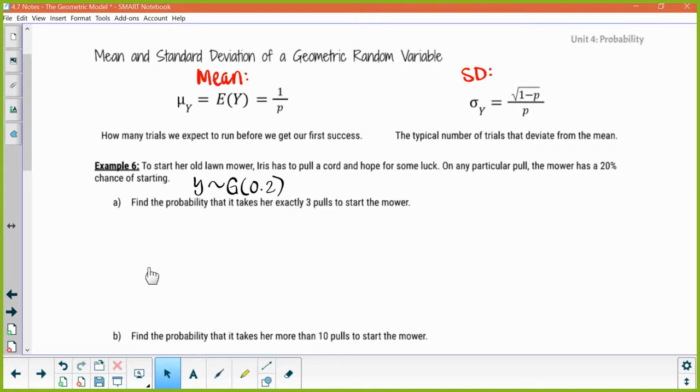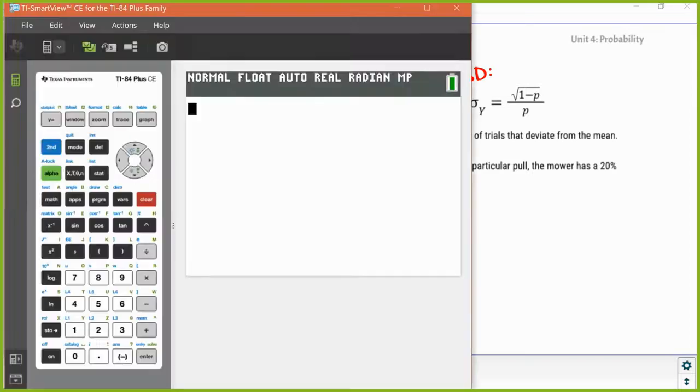So find the probability it takes her exactly 3 pulls to start the mower. So I'm doing the probability of y equals 3. So I'm going to do this in my calculator. So I'm going to open it up. For your geometric, you're still going to do second vars.